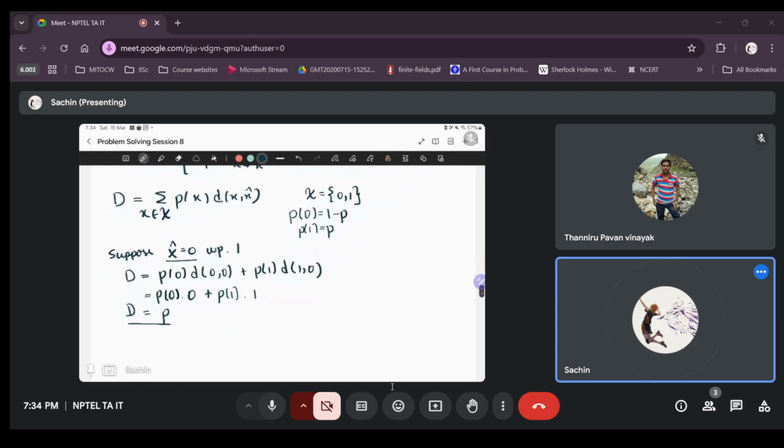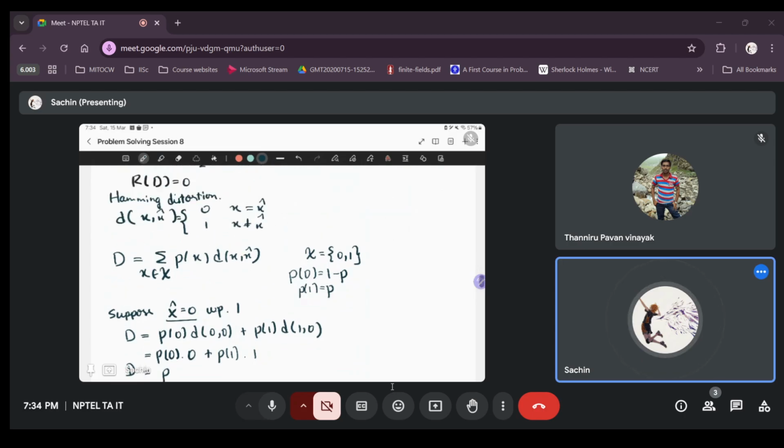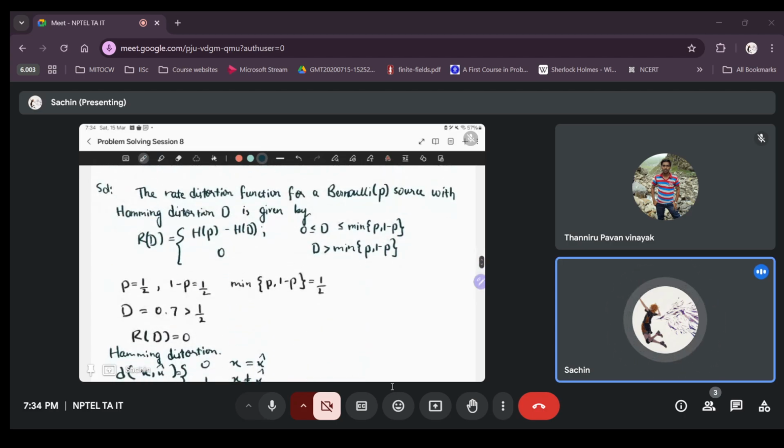That's why, for D greater than the minimum of p comma 1 minus p, you can always achieve the distortion equal to p and use a code of rate 0.